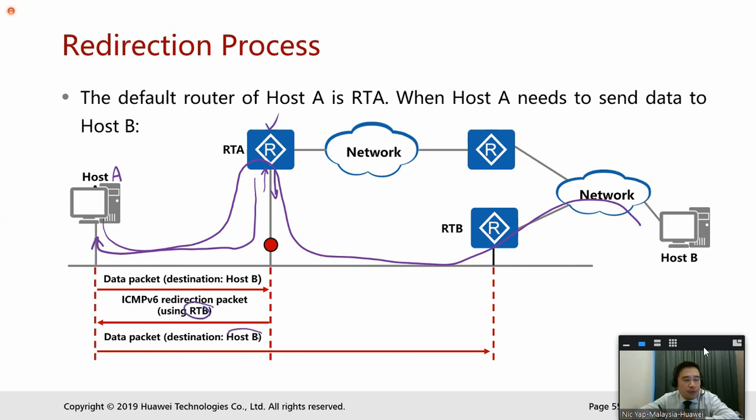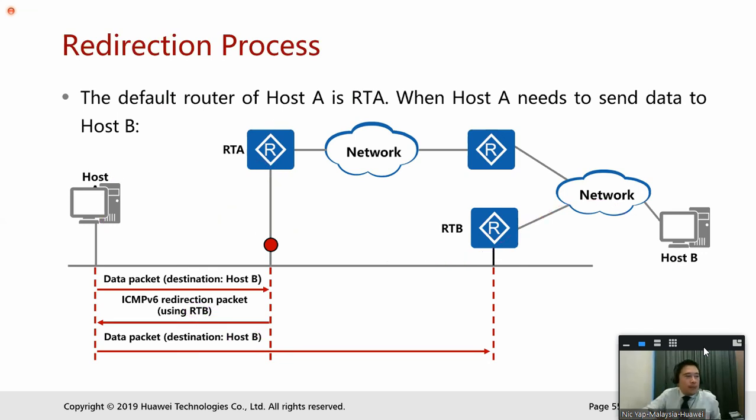The destination is host B, so I ask you to point to this next hop going to the host B destination. So next time when you want to go to host B, don't point to RTA. You should point to router B instead. That is where the redirection process needs to be performed. One more time: RTA, the best way, this is how they are forwarding to host B. That is the best way.